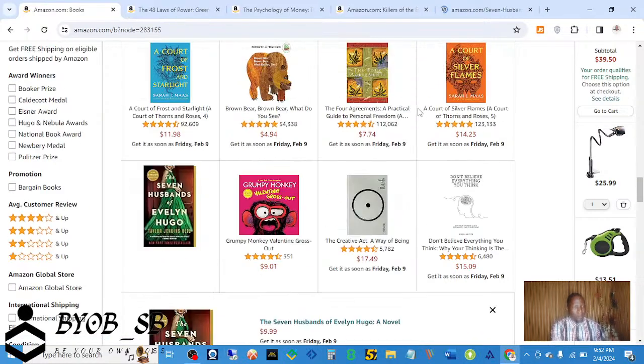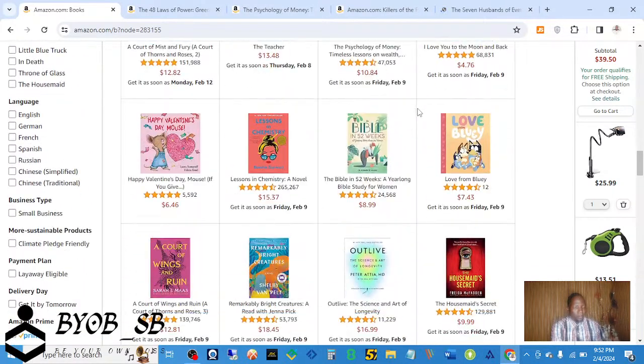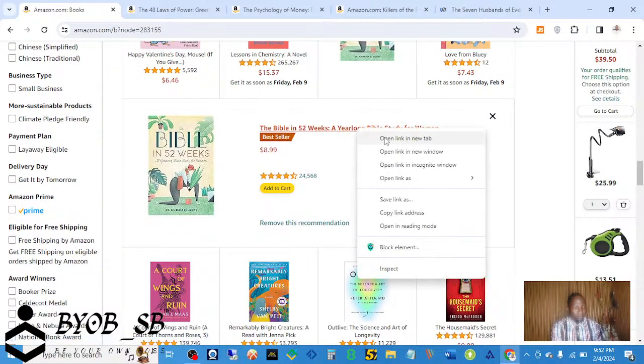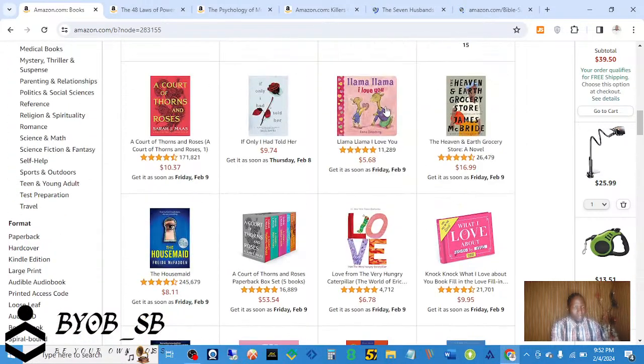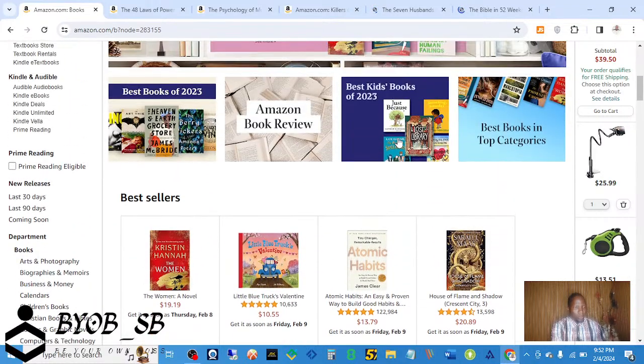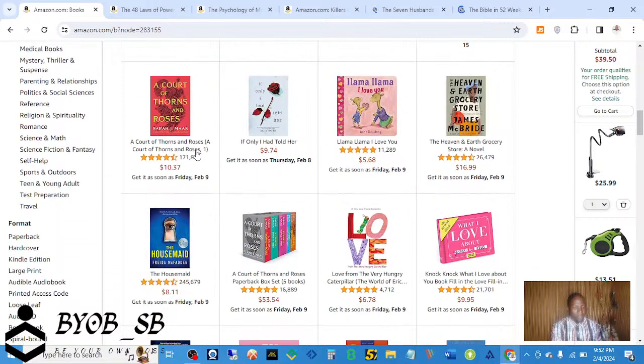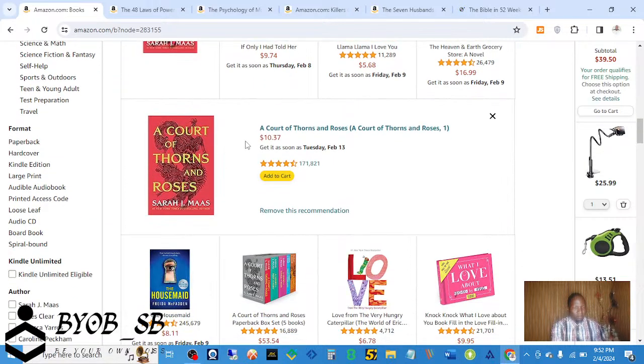I'm coming. So these are top seller books. Your book can also be in these categories as time goes on. Don't worry, this is not a big thing to achieve.